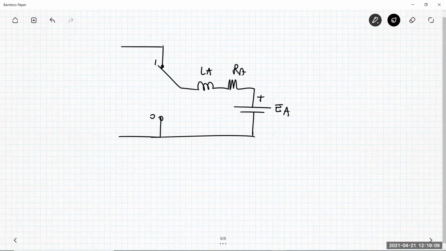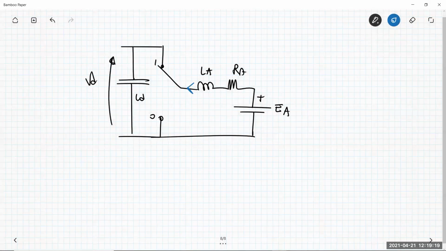EA, LA, RA, DC motor model, CD input capacitor, VD constant voltage. Supposing now that the average current is negative, so in this direction, entering the node A, what about the power flow?